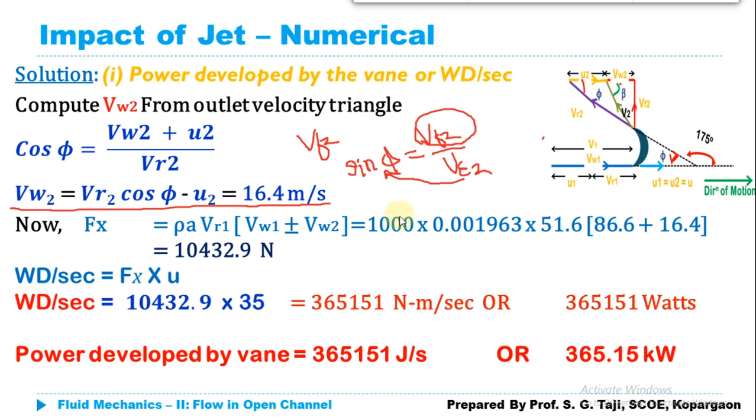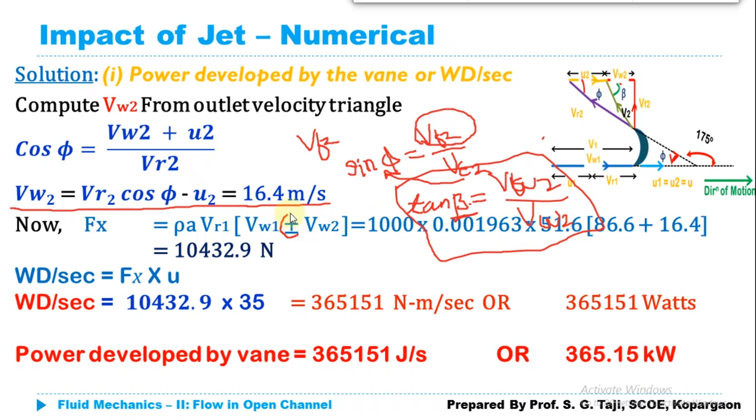Once you calculate VF2, simply compute the tan of beta, which is opposite upon adjacent, VF2 upon VW2. Once you calculate this, you can decide whether this sign should be positive or negative.